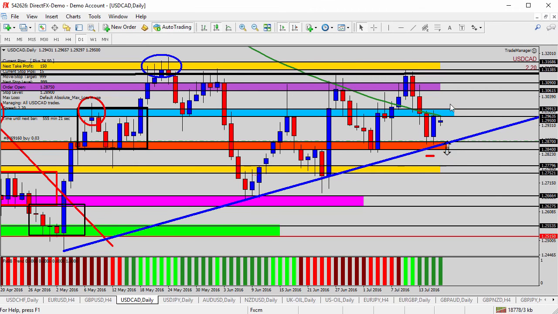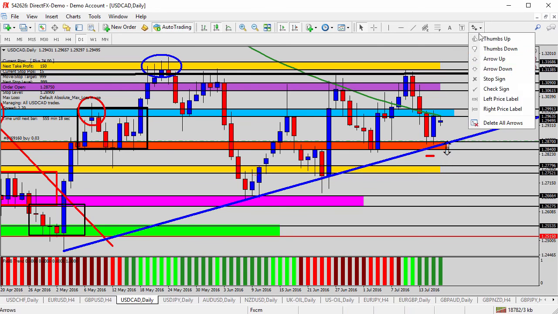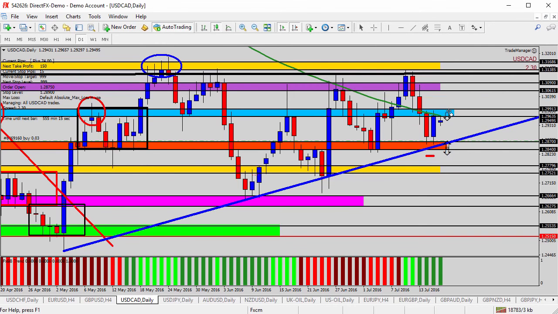Above it, as we've seen, pushing back towards the 1.2960 level, the blue zone, is our current resistance, 1.2960 to 1.2990. Anything above that, we'll look for the continuation towards, we'll call it the 1.3100 level right now. But anything above 1.31, we could start looking for the continuation of the upside here for the US CAD.